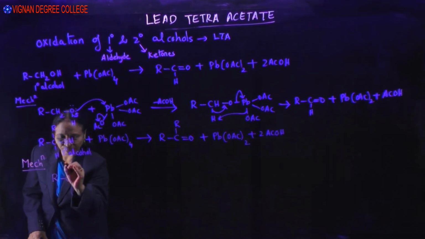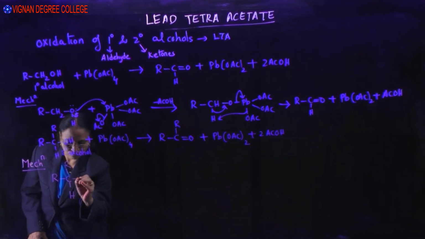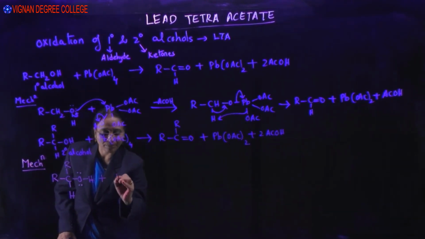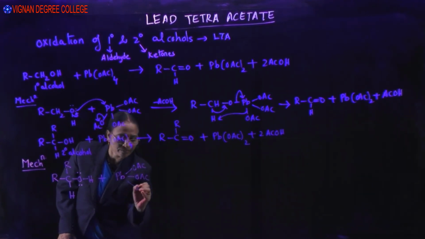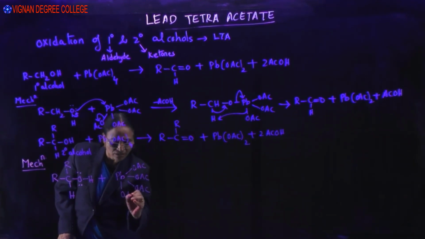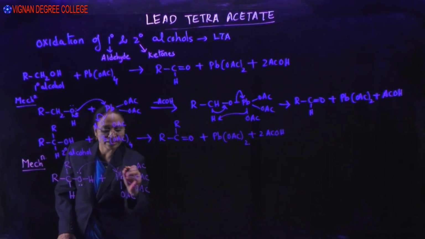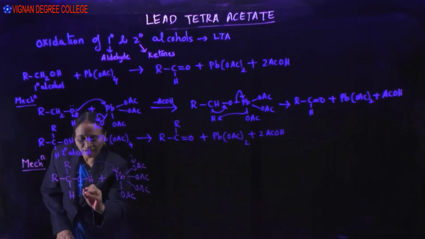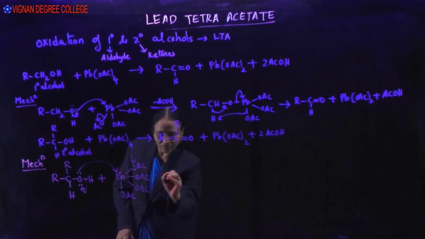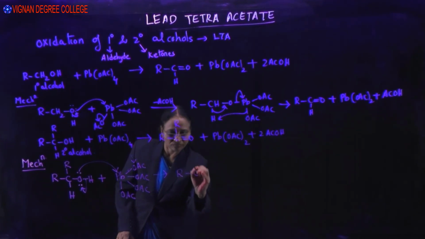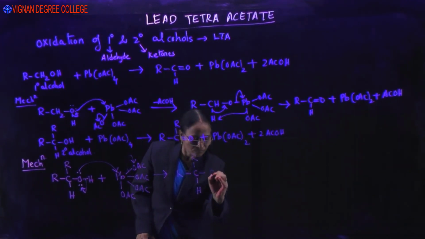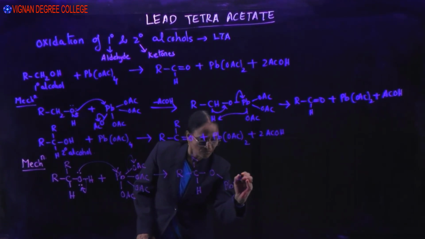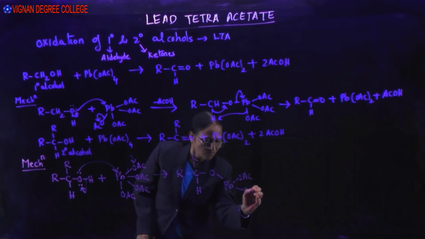Secondary alcohol containing oxygen with lone pair of electrons is capable of attacking the lead tetraacetate, which involves elimination of the acetic acid, acetate ion and proton from your alcohol to give this as an intermediate.